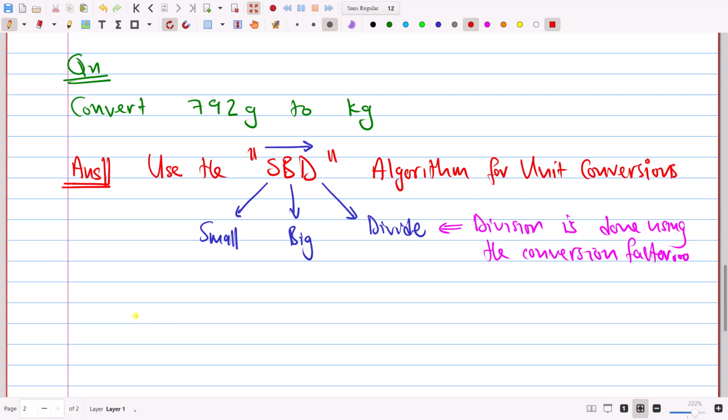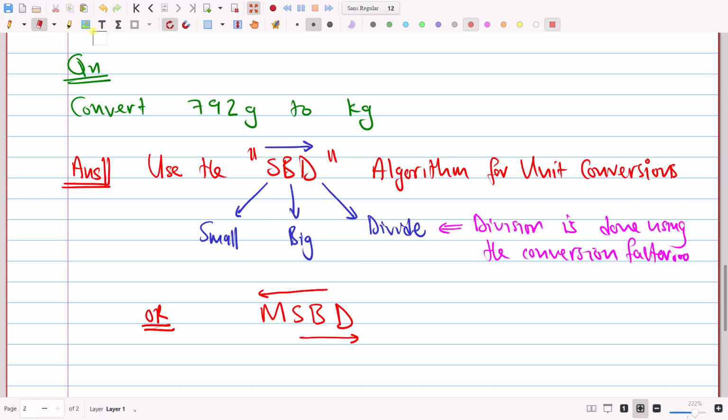That's why I usually also provide this other algorithm, the MSBD algorithm. It can go either this side or that side.